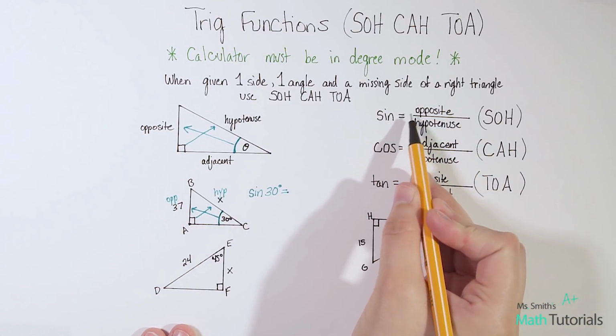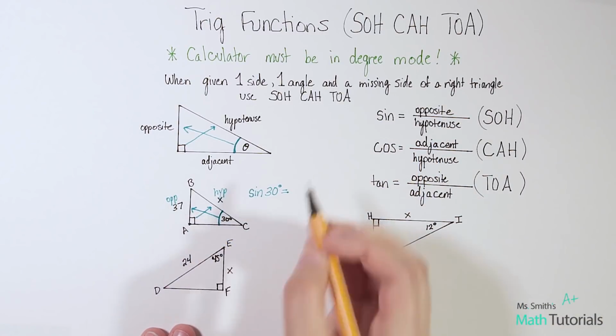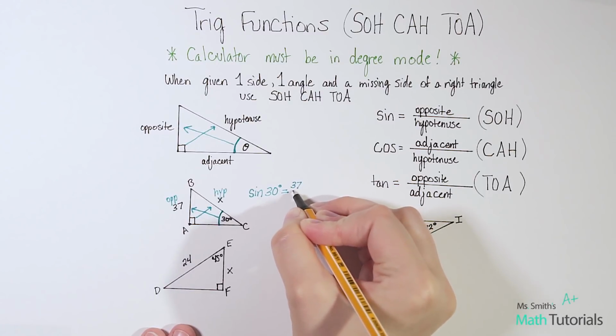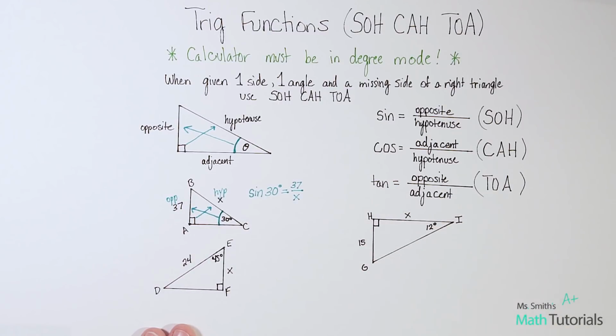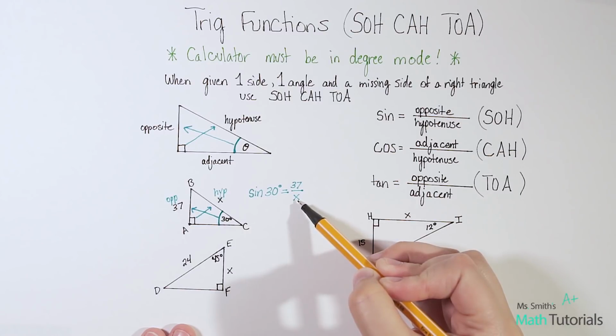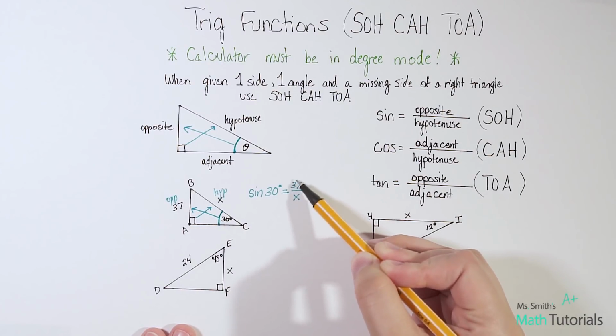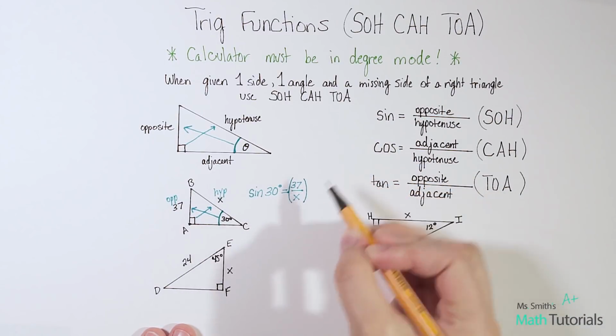equals, and here's where our formula comes in, opposite over hypotenuse. So opposite was 37, divided by the hypotenuse, which was X. That's what we're looking for. We want to know X. Now, it looks way more complicated than it really is. I'm going to treat this just like an algebra problem. Anytime I have something divided by a variable and I want to get rid of this fraction, remember that I can multiply by the denominator.